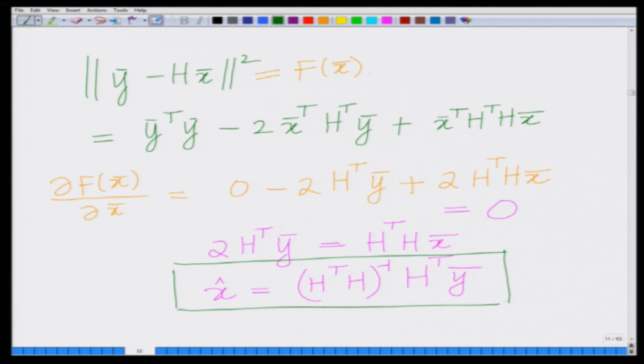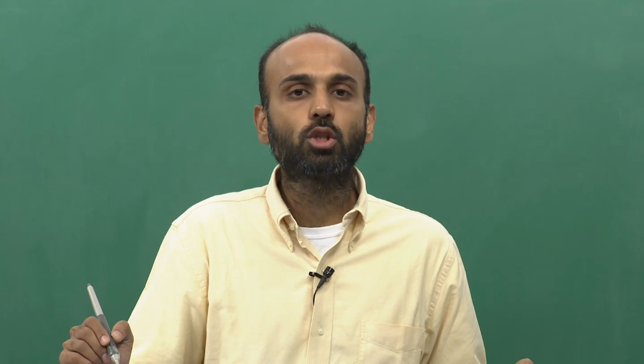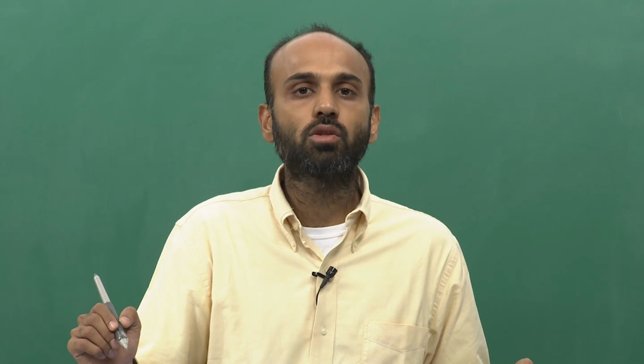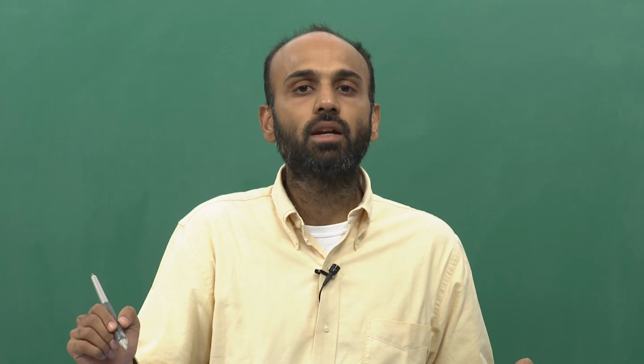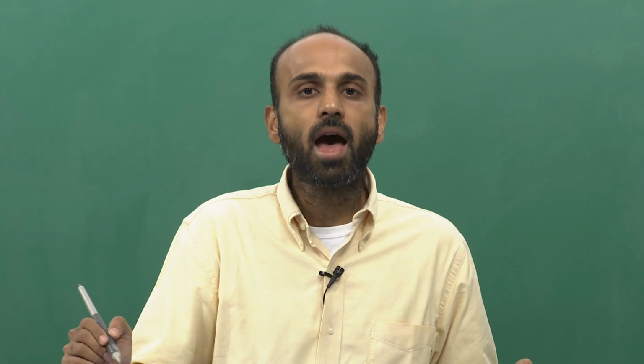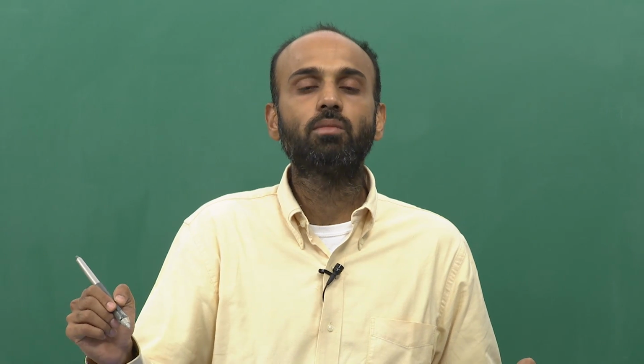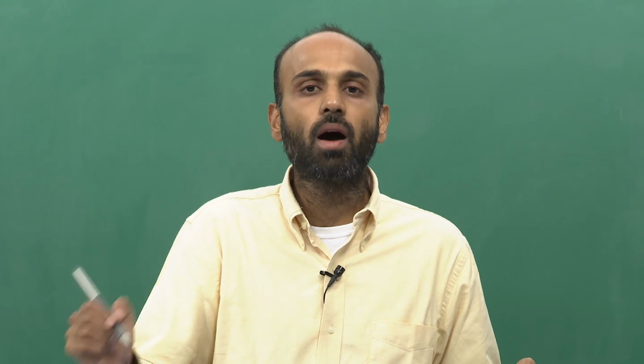Therefore, what we have obtained after this procedure is that the estimate x hat, which minimizes the square of the error, that is the least squares cost function norm of y bar minus H x bar whole square, is x hat equals H transpose H inverse times H transpose into y bar.